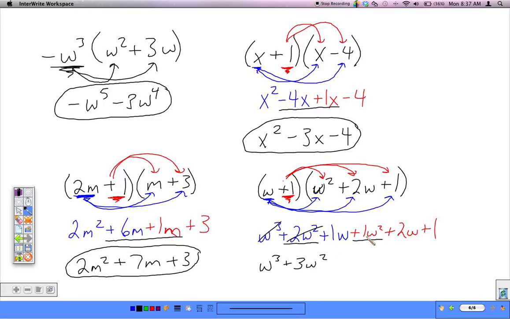And we've gotten rid of these terms. We've combined them to that. Now we have 1w plus 2w, that's 1 plus 2. That makes 3. The variable stays the same. And since the plus 1 has nothing else to combine with, it just tags along. And this is the best your answer can get.